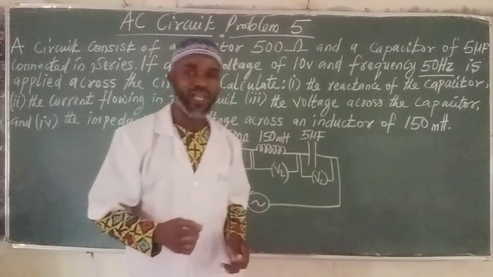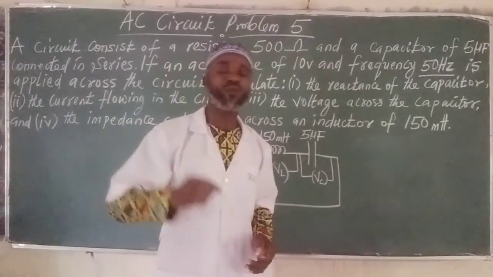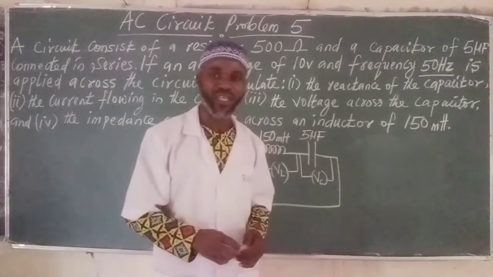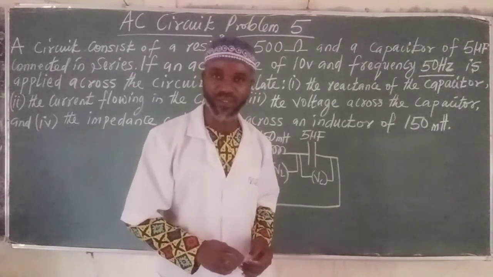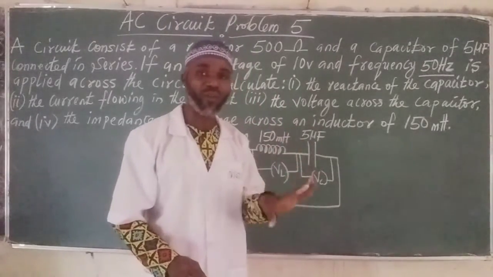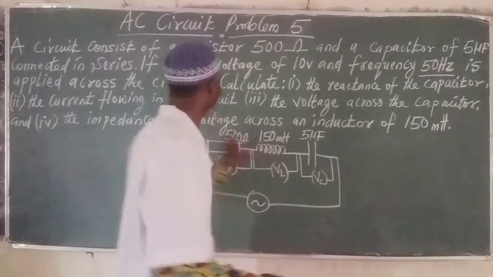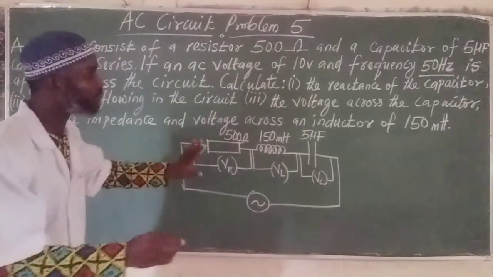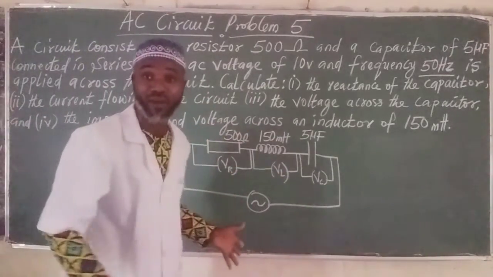AC circuit question number 5 is a comprehensive question that contains 3 components whose different variables must be found. On the board is a very clear representation of the question we are talking about.